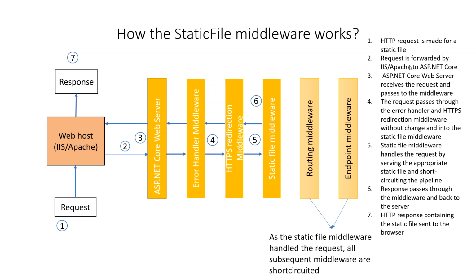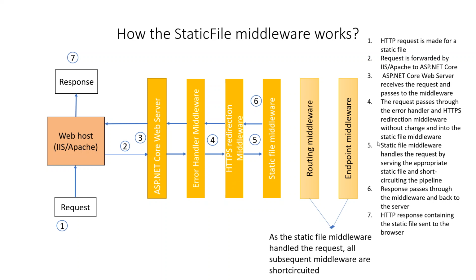So again, an HTTP request is made for a static file at number 1, and then this number 2 request is forwarded to the IIS or Apache to the ASP.NET Core, and ASP.NET Core's web server receives the request and passes it to the middleware. The request passes through the error handler and HTTPS redirection middleware without change and onto the static file middleware.